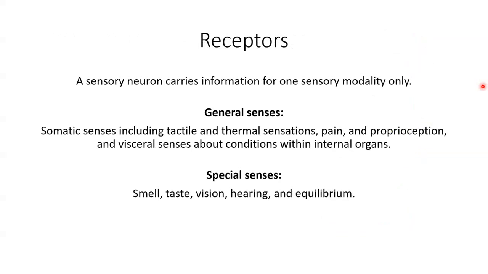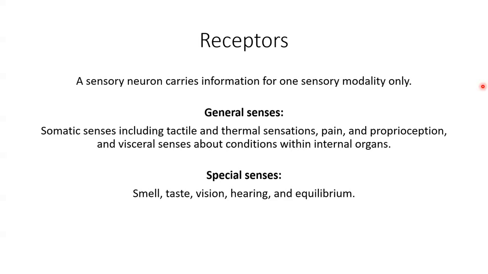If we think about the first structure in a sensory neural pathway, it's the receptor which detects the stimulus or the sensation. Each type of sensation, such as touch, pain, vision, or hearing, is called a sensory modality. And any given sensory neuron carries information for one sensory modality only.